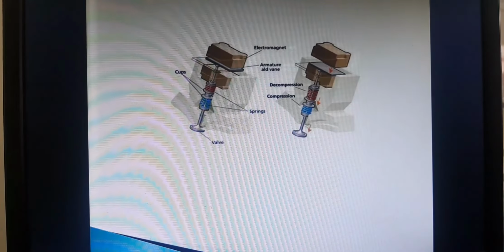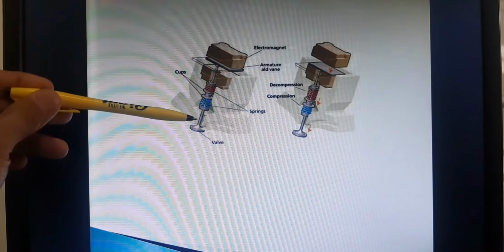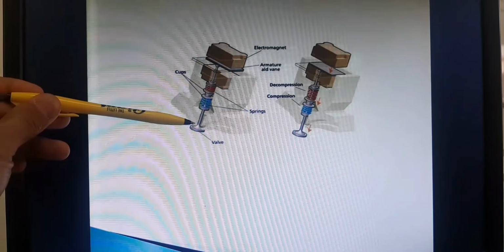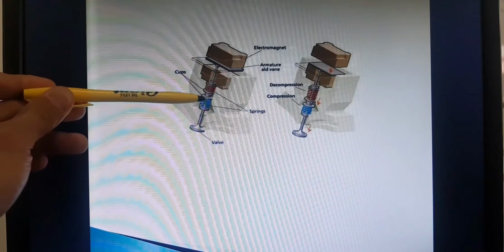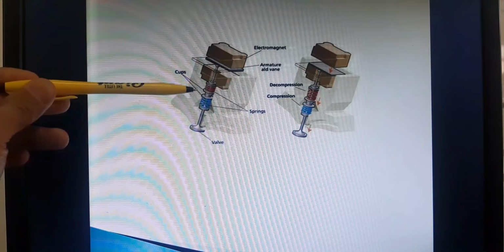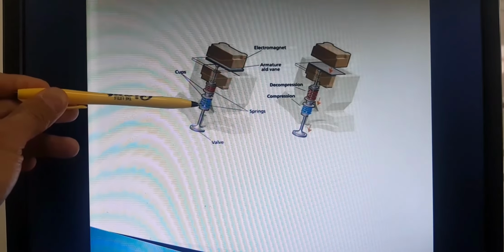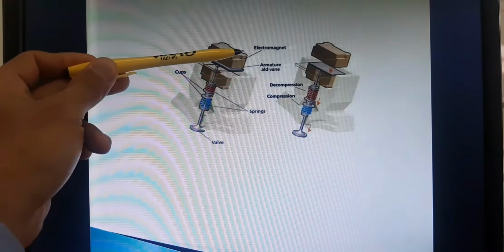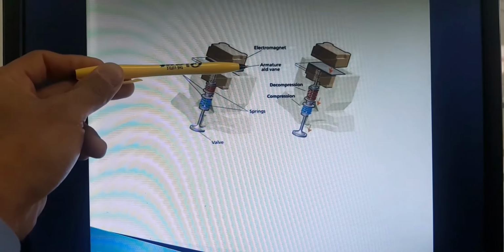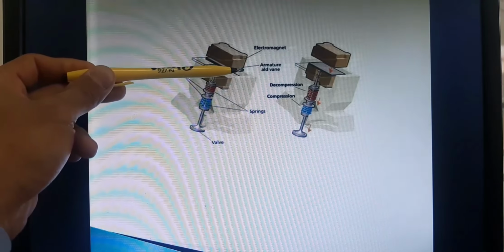So as you can see, this is an electromagnetic camless engine. Here, as you can see, the valve is closed. Okay? And we have here springs. The one at the top is compressed, and this one is not compressed or decompressed. And here is the electromagnet, and we have the armature and vane.